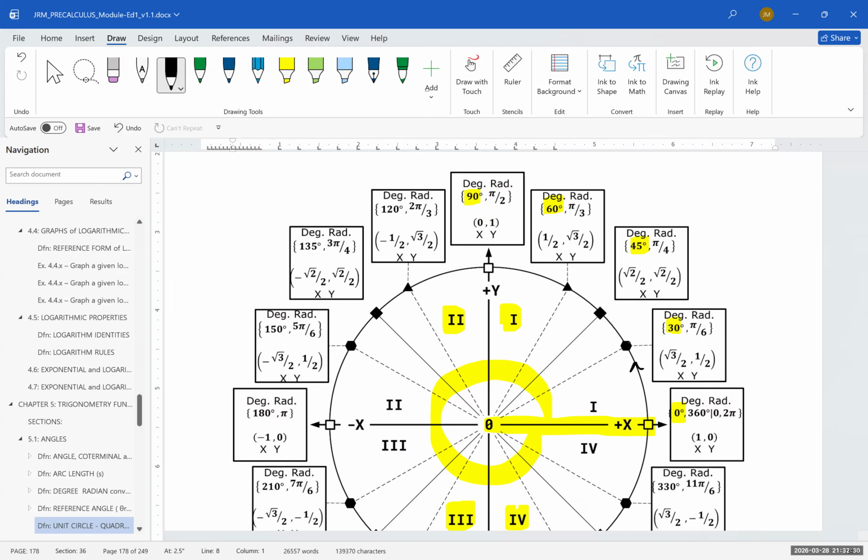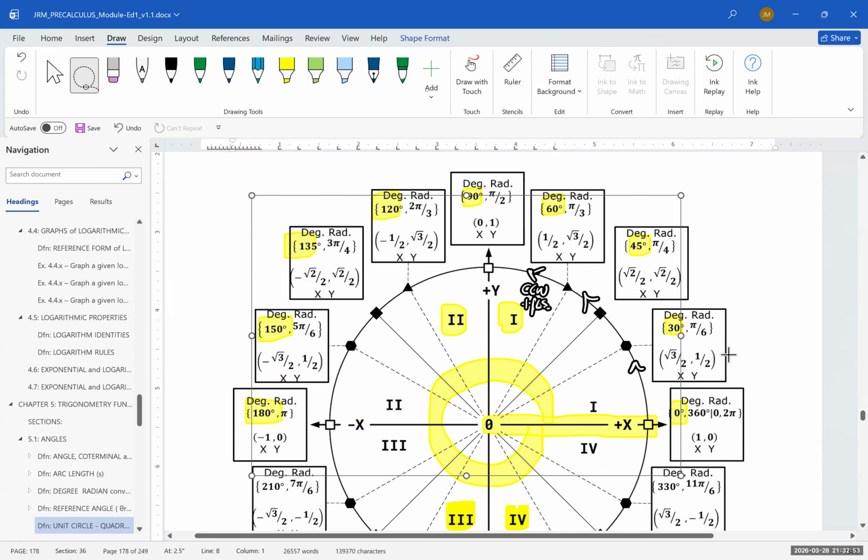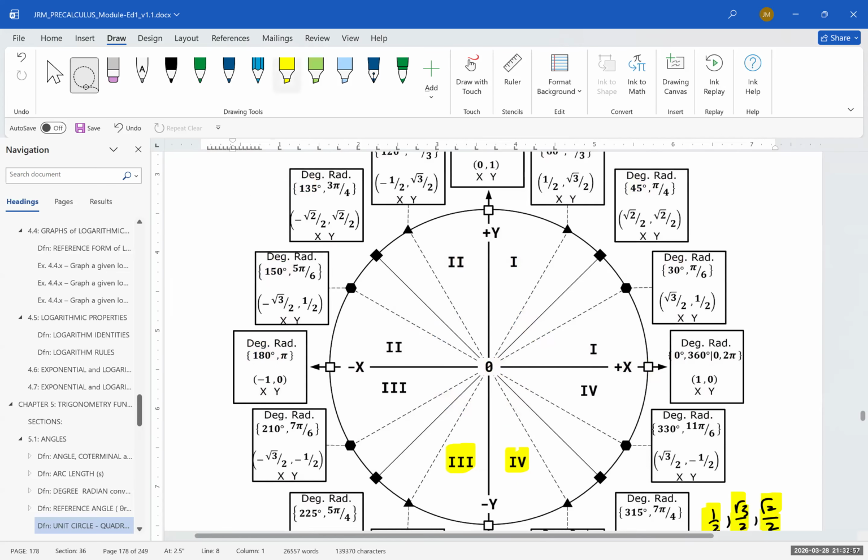So it's going in this counterclockwise direction, which means we're dealing with positive angles here. So positive 120, positive 135, positive 150, positive 180, and so on as you go all the way around. So the unit circle is drawn and designed and meant to be used with a counterclockwise rotation.